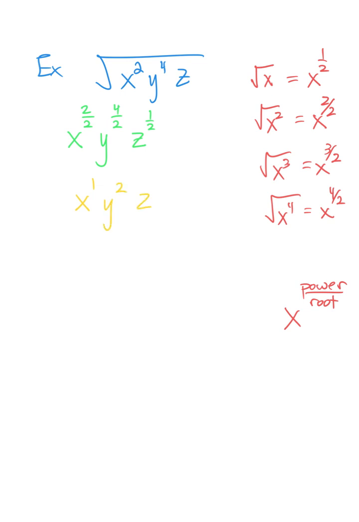And then I still have the z to the power of 1/2. So now I'm going to put it back in radical form. And when I do that, my x and my y squared stay on the outside, and my square root of z stays underneath. So again, the big kicker here is changing them to the exponential form to clean it up.